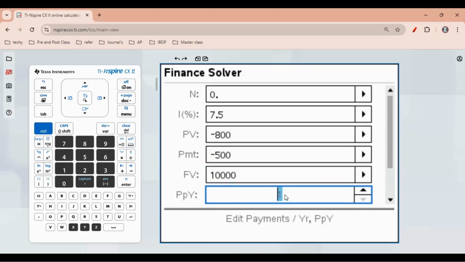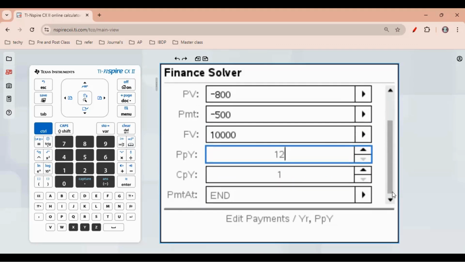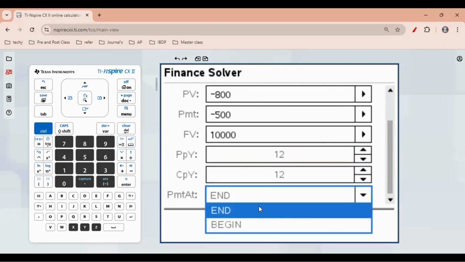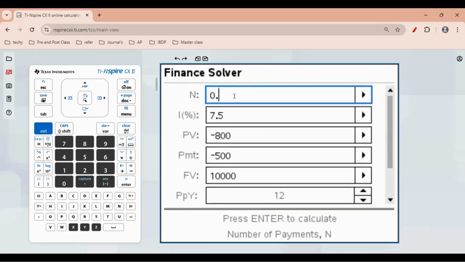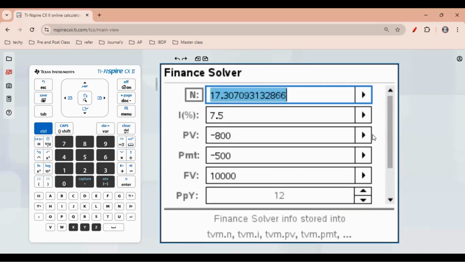Payments per year is 12, and compound period is also 12, compounded monthly. Then click end. Whichever variable is missing, like N, just go there and click enter.